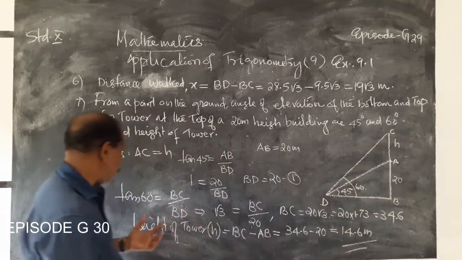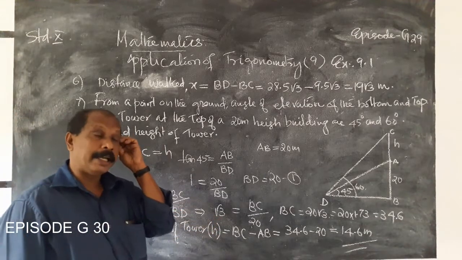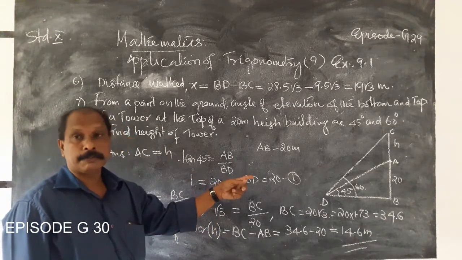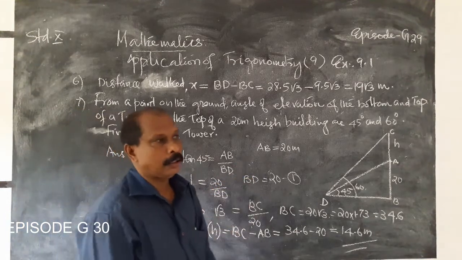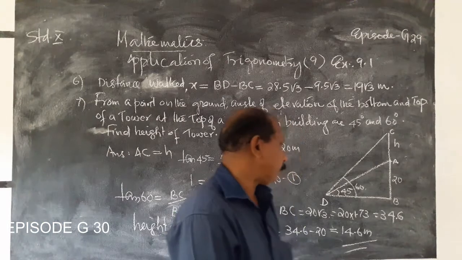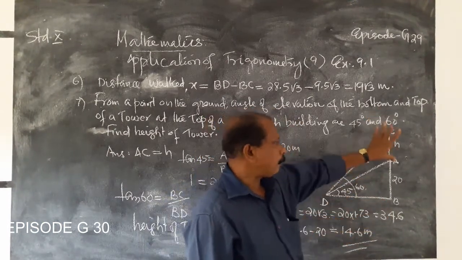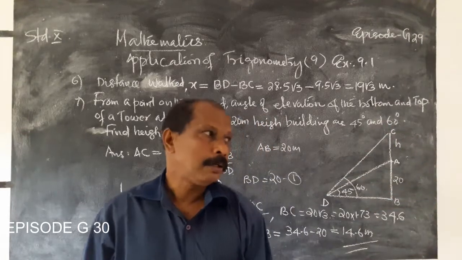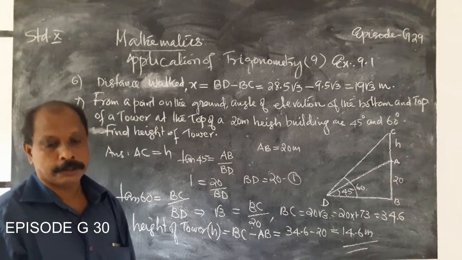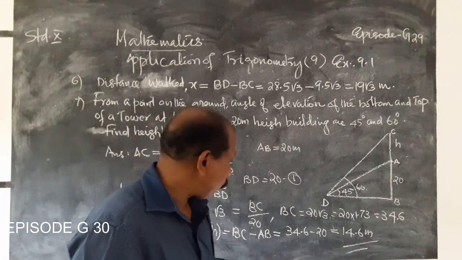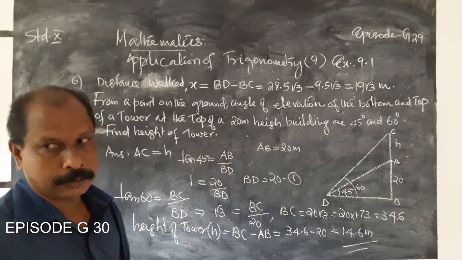Tan 60 is root 3 is equal to BC by BD, which is 20, from the first equation. Cross multiplication, BC is 20 root 3, that is 20 into 1.73, it is 34.6. Therefore, height of the tower H is equal to BC minus AB, that is 34.6 minus 20, it is 14.6 meter. That is the answer of that question.